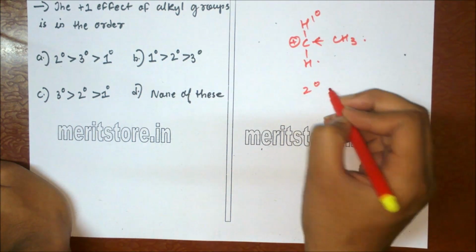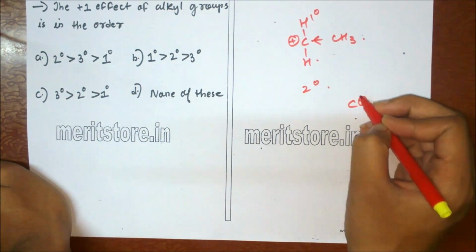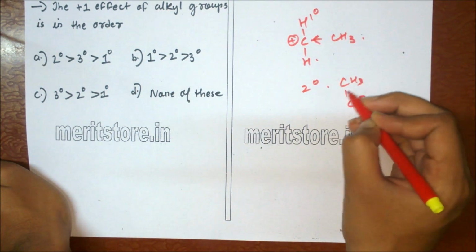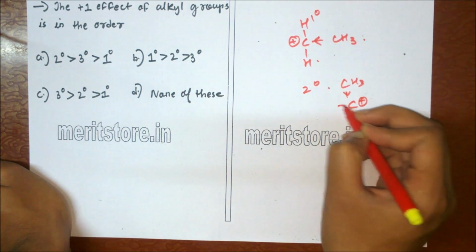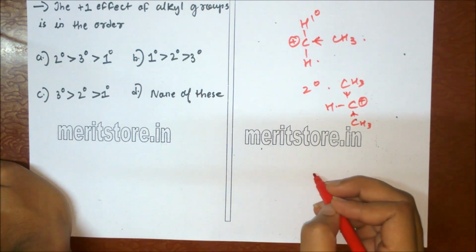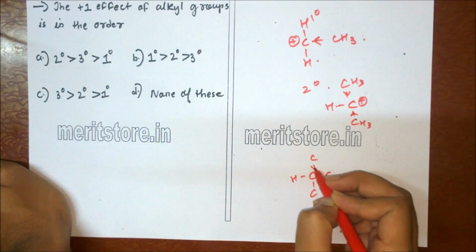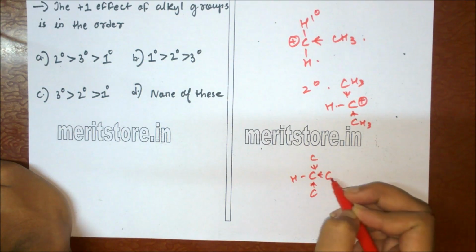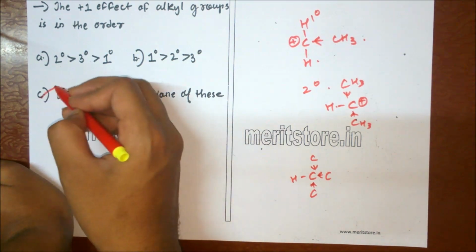The secondary carbocation has two CH3 groups donating electrons, and is more stable than primary, but less stable than the tertiary, in which three carbon atoms donate their electrons. So the plus I effect is more pronounced in tertiary than secondary than primary.